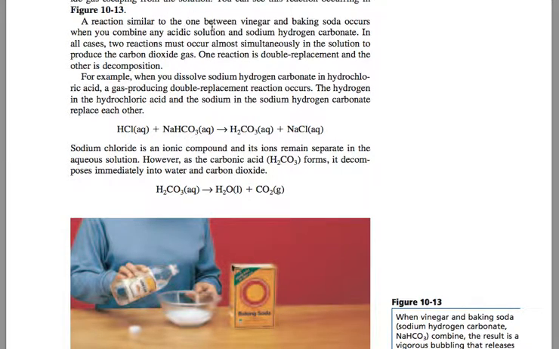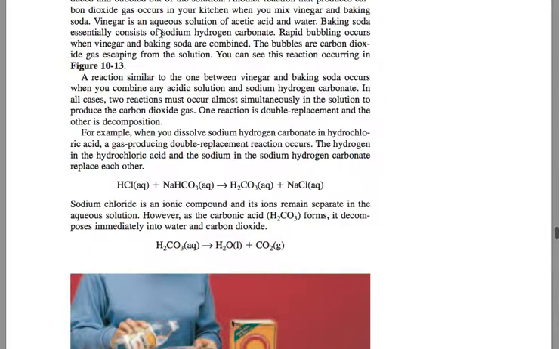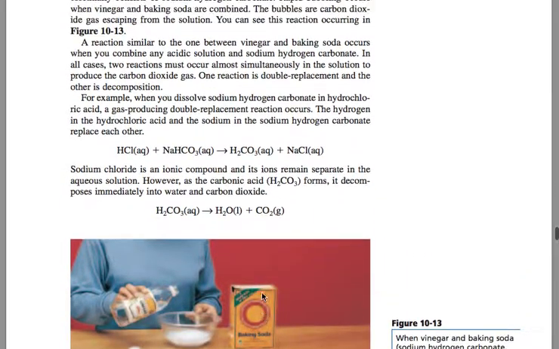A reaction similar to the one between vinegar and baking soda occurs when you combine any acidic solution and sodium hydrogen carbonate. Okay, this is baking soda, although it may not look that way here in Korea, I don't know.